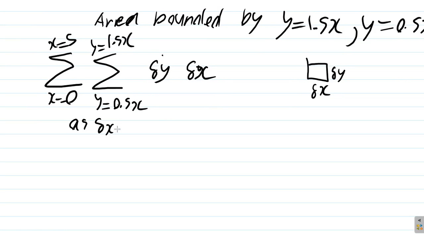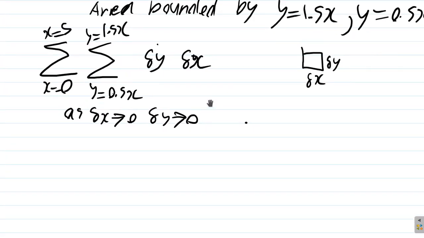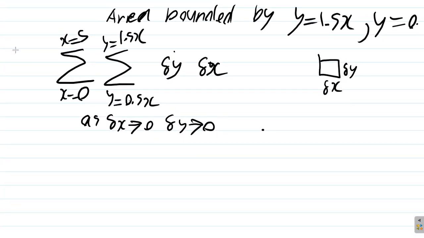Now, as delta x tends to 0 and delta y tends to 0, those small squares that would fill up the area get smaller. So we need more and more of them. And as the dimensions tend to 0, the number of them tends to infinity. So we integrate from 0 to 5.